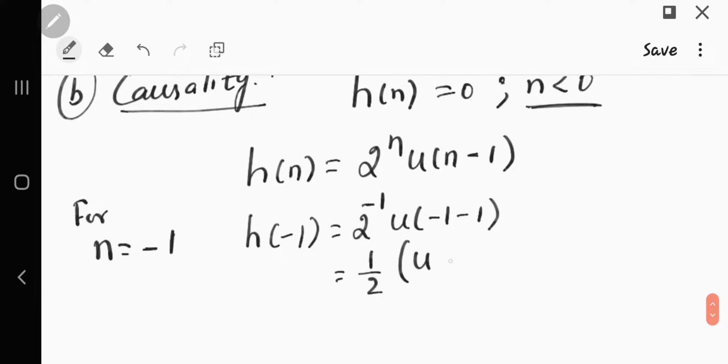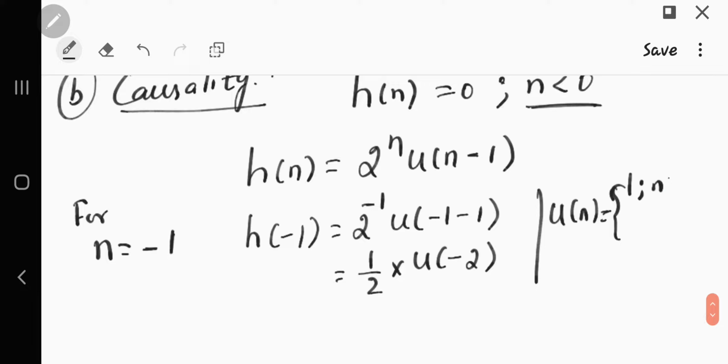So 2 inverse can be written as 1 by 2. So here you will get 1 by 2 into u of minus 2. From the definition of the unit step function, it is present only for values of n greater than or equal to 0, and it will be 0 for values of n which are less than 0.